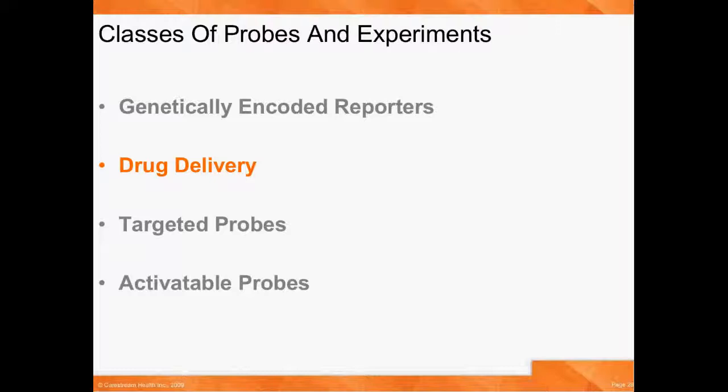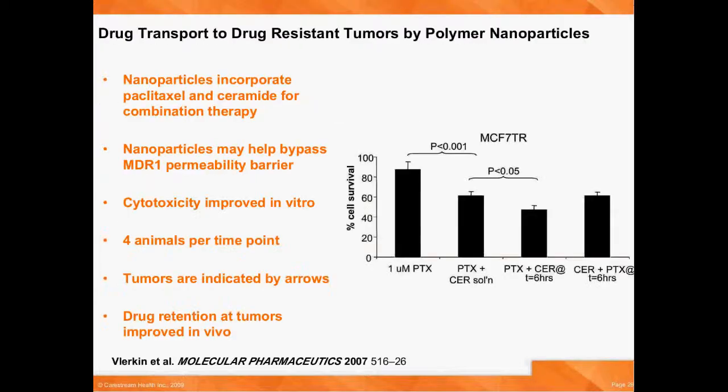The next reason one might wish to study animals in the context of a live time course is to optimize drug delivery. This group was interested in creating nanoparticles that were able to bypass a permeability barrier.